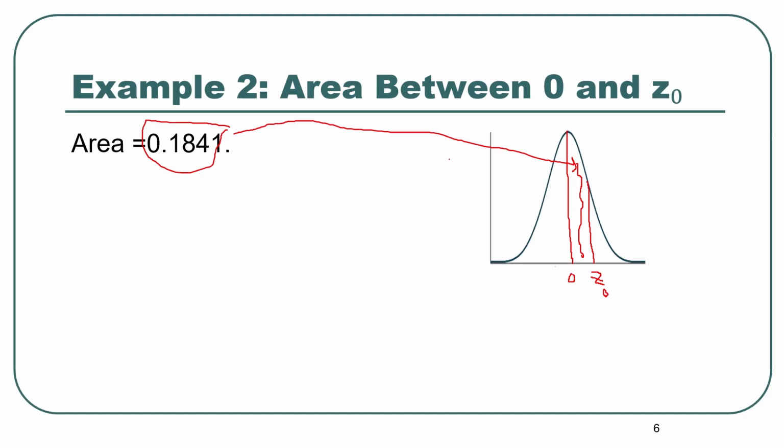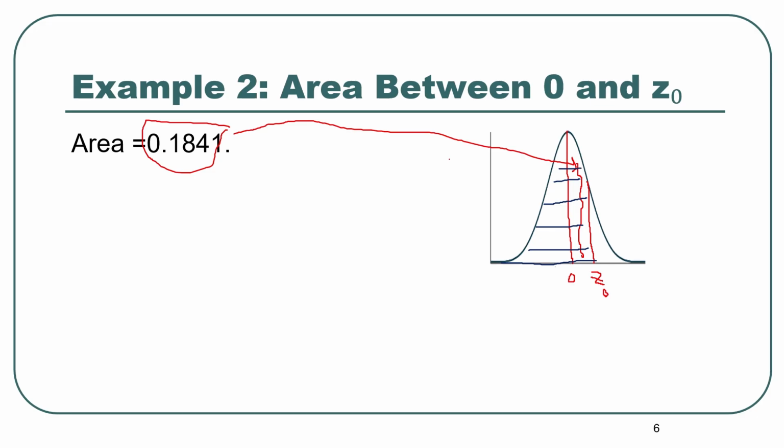To transform it to a left area, I need to come from minus infinity, the far left tail of my graph, until I hit the z-naught.